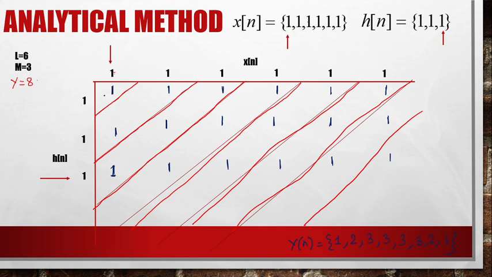Where it was 0, it was 1, 2, 3, so this will be your 0th sequence. The number of elements is 1, 2, 3, 4, 5, 6, 7, 8. That graphical process is very tedious, but you can use this analytical method to get any convolution output using this simple table structure.